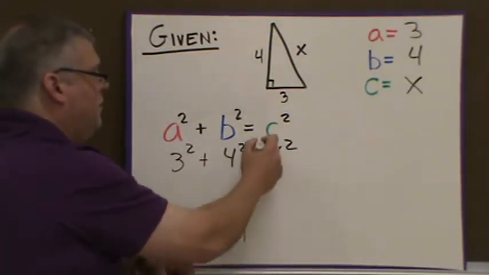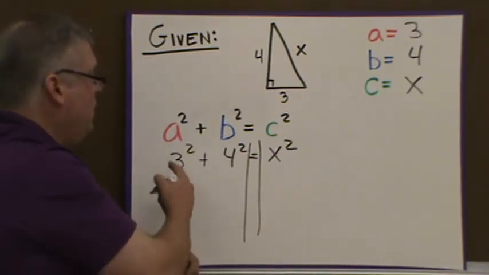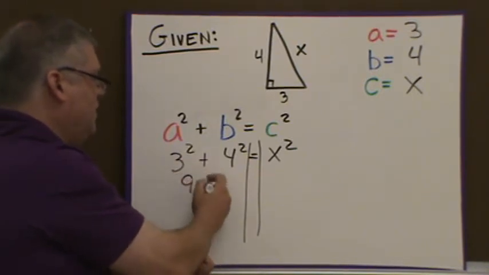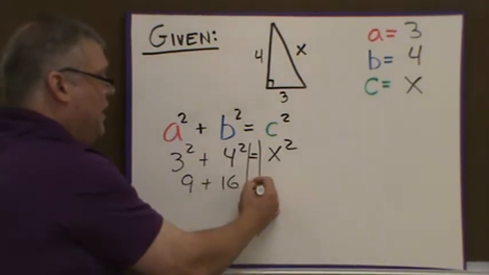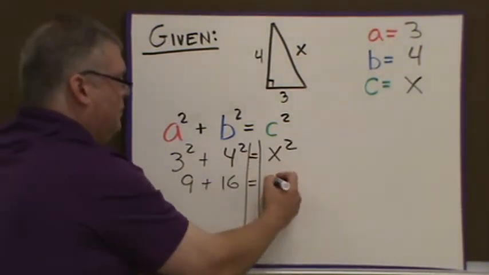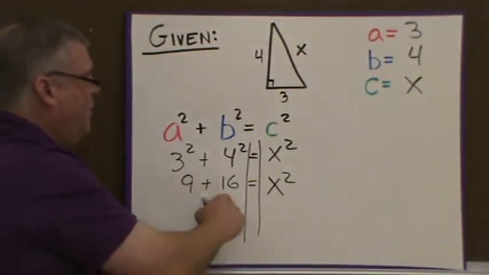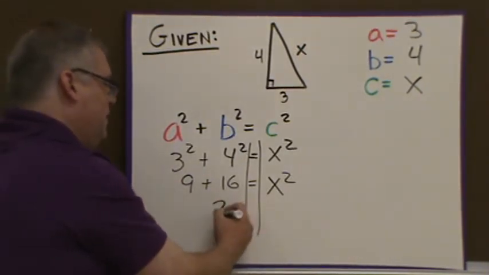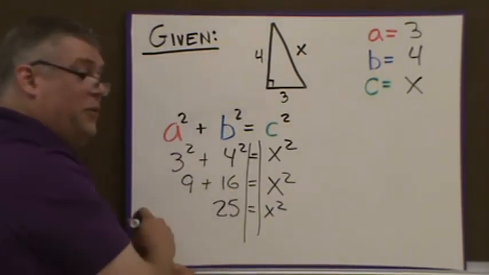To solve this, we solve it like any equation involving variables. We simplify first. Here we have 3 squared is 9. 4 squared is 16. The equal sign is still there. X squared is still there. We don't know what it is, so it comes down like that. Then we add these two together. We get 25 equals x squared.